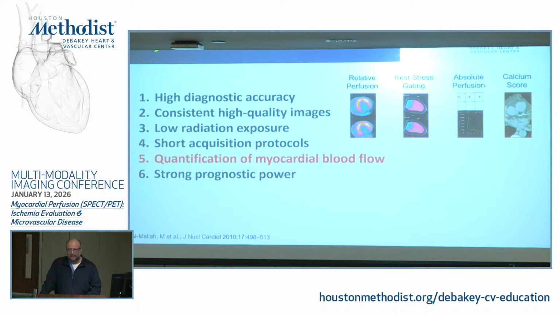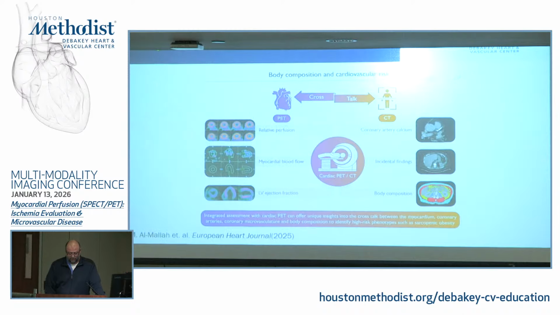And then I think the best value proposition for cardiac PET is the quantification of myocardial blood flow, and this is where it adds a lot of information that you try to integrate. Now, one thing to remember about cardiac PET is that you combine it with CT.